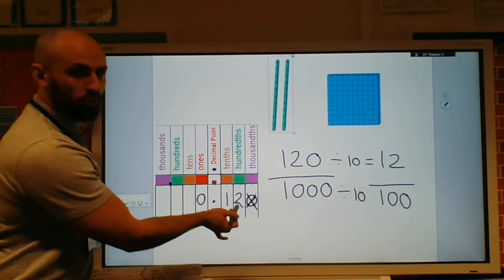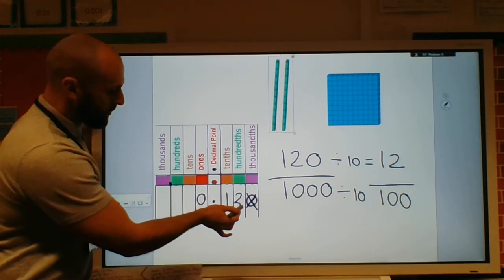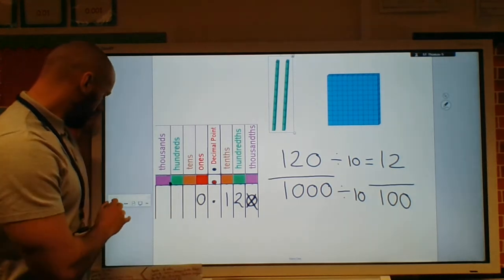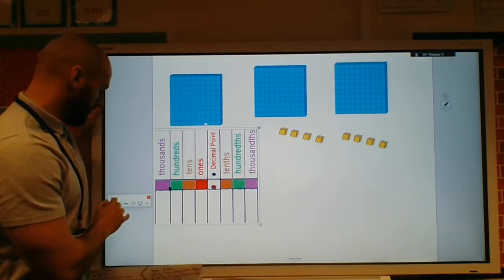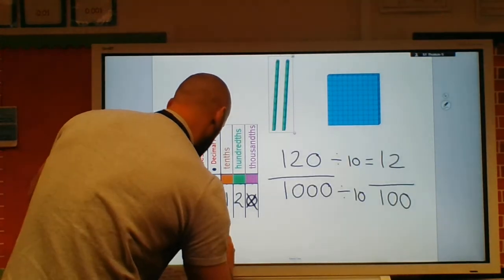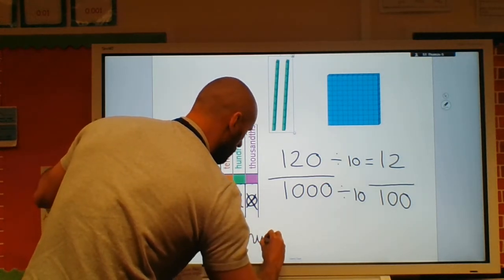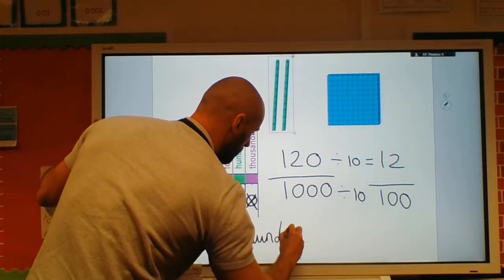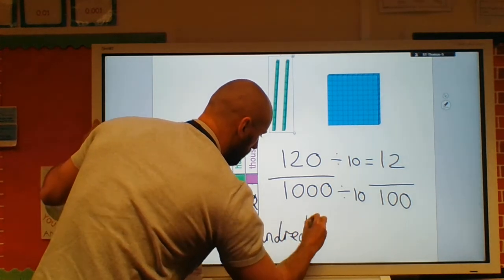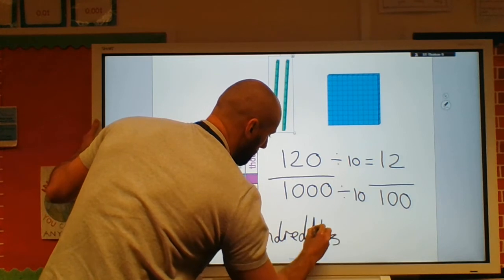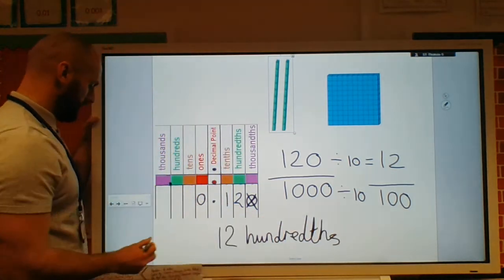I've only got up to hundredths, so I can say I've got 12 hundredths. So I should write that down for you. 12 hundredths. Okay, 12 hundredths.